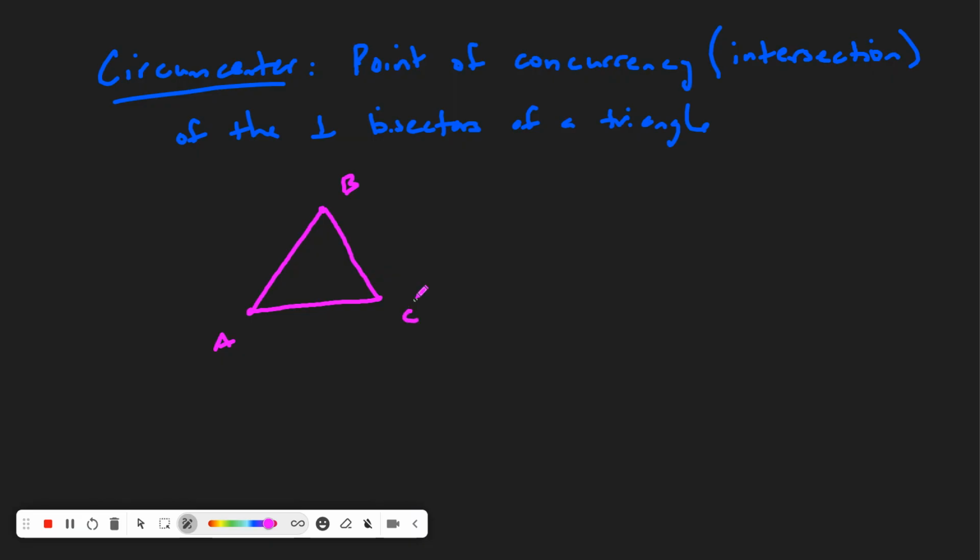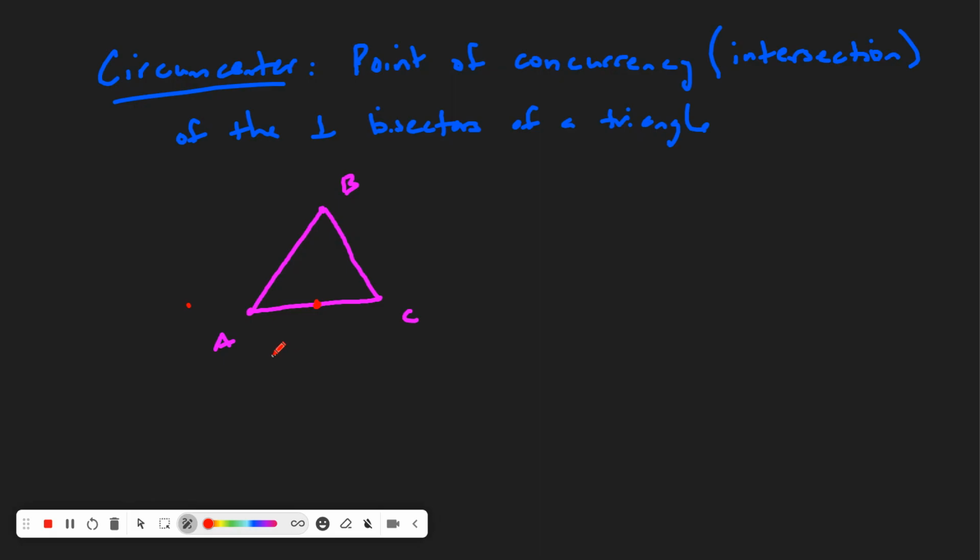Okay, so what we need to do is we need to draw or construct two perpendicular bisectors to two of the sides, right? There are three sides, so there are technically three perpendicular bisectors in this triangle, but we only need to do two, okay? So to do this, I'm going to mark the midpoint of one of the sides. Let's mark the midpoint of AC.